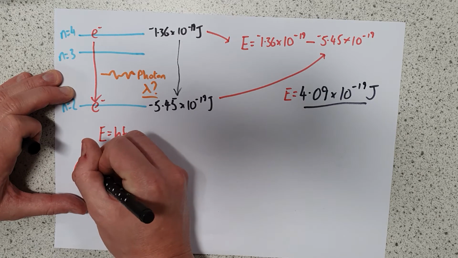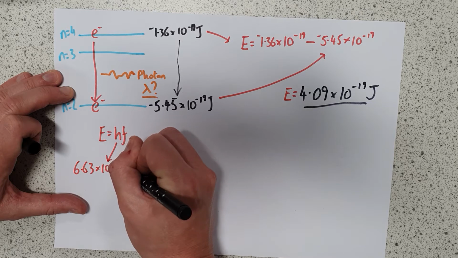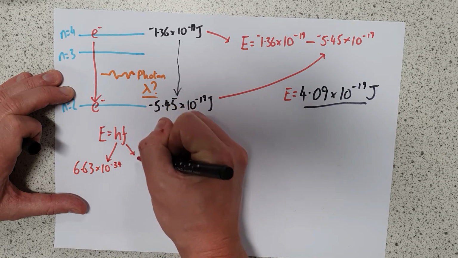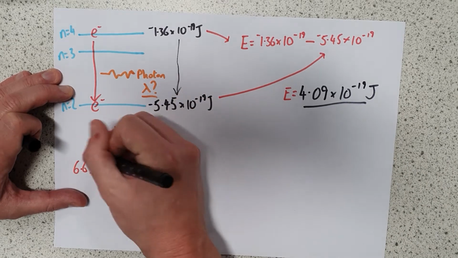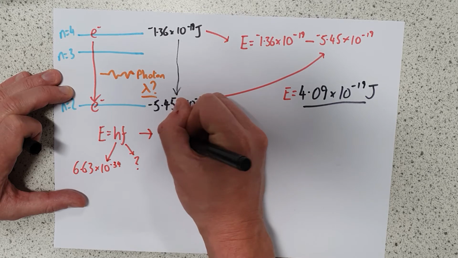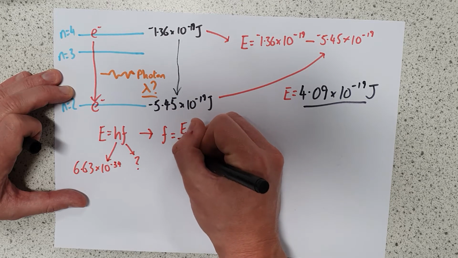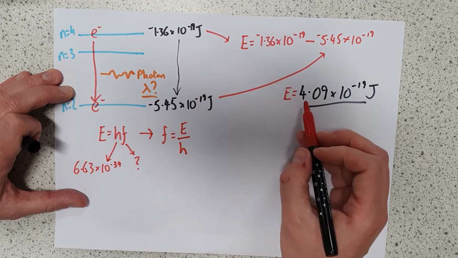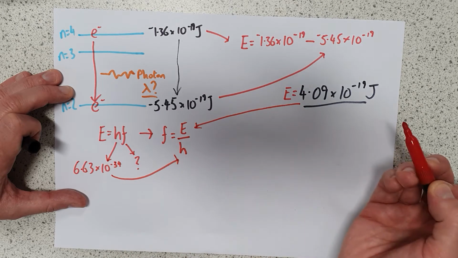It's 6.63 times 10 to the power of minus 34. And the frequency is our question mark. So we need to rearrange this formula to make f the subject. f is equal to the energy of the photon divided by Planck's constant. The energy is going to come from here, and Planck's constant is going to come from here.